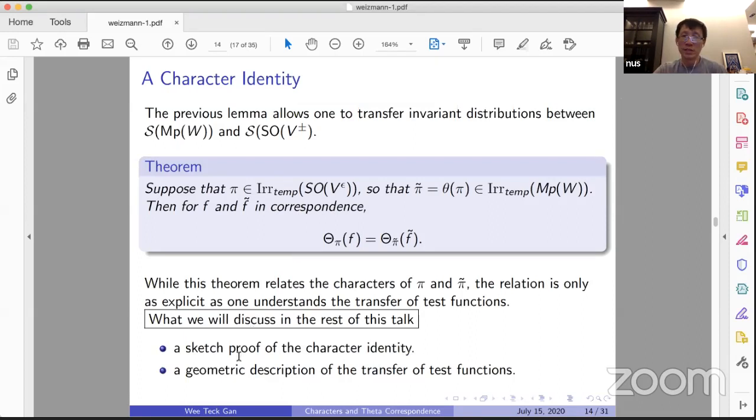The sketch is quite short, it takes two slides, and I thought it's good to give you a sense of how one proves this. So I will do that first, a sketch of the proof of the character identity, and then almost half my slides will be on this last point, the geometric description of the transfer. Before I do that, again, let me pause for any possible questions.